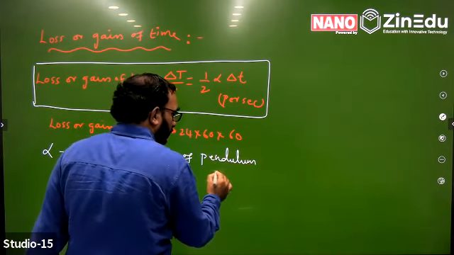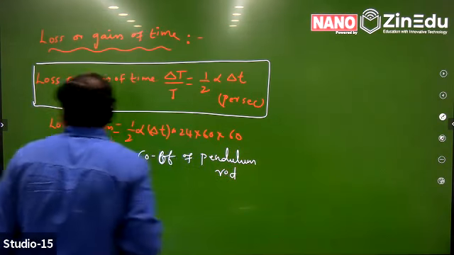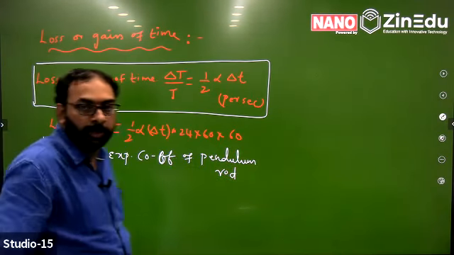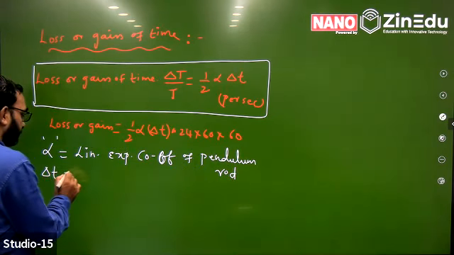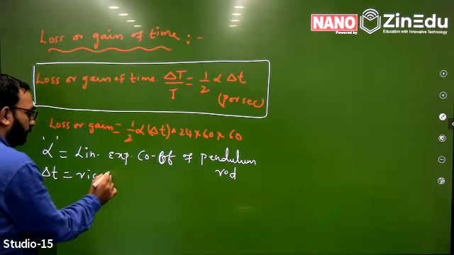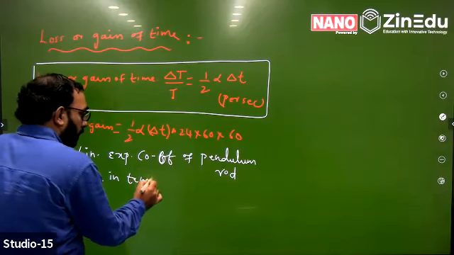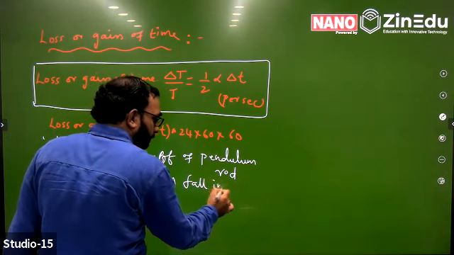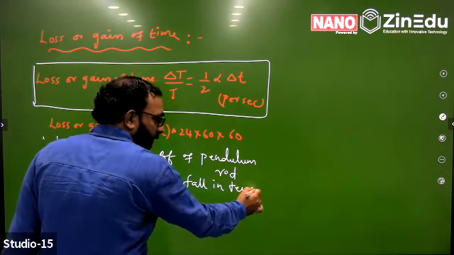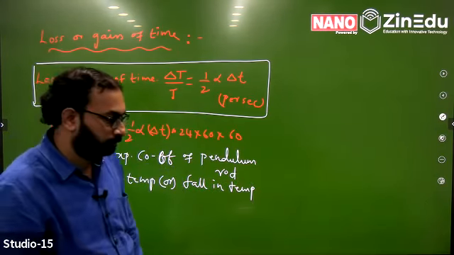Linear expansion coefficient of the pendulum rod. This is the expansion coefficient of the rod. Next, delta T is either the rise in temperature or it can also be the fall in temperature. Either rise in temperature or fall in temperature.